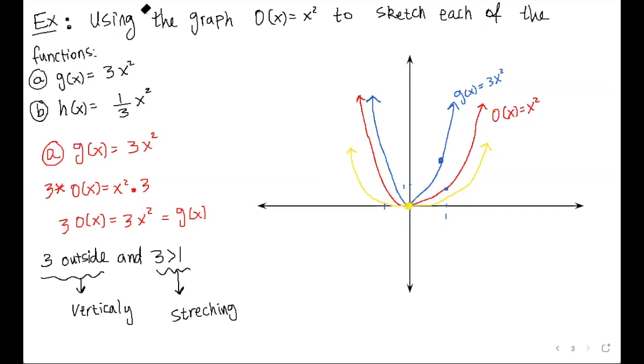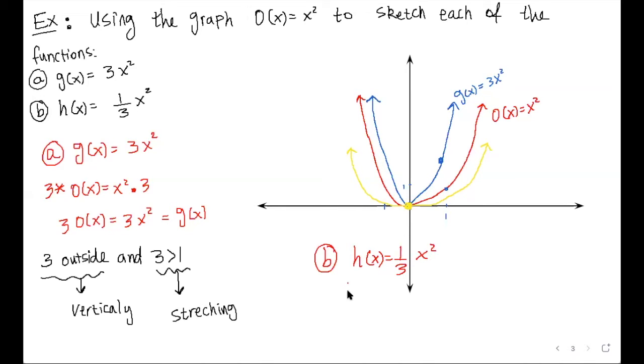So the graph for B, h of x equals 1 over 3 x squared.